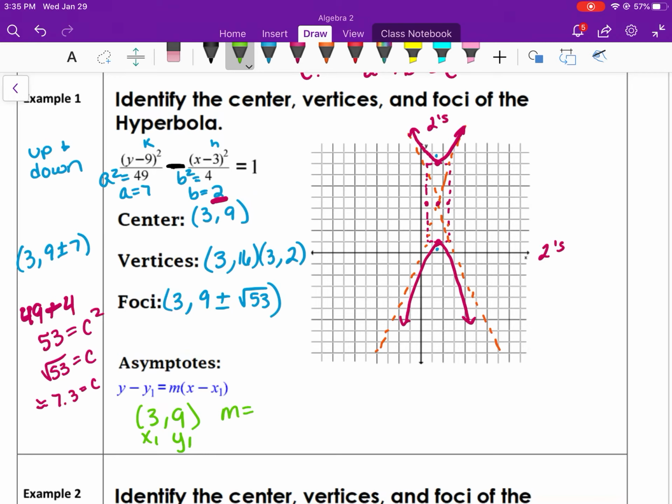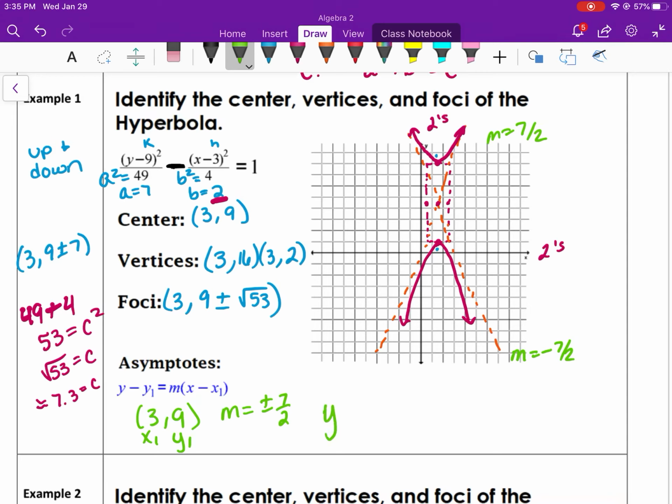And then the slope of each asymptote is rise over run. So it's always the y value over the x value. So it'd be slope of 7 over 2. And this one is a slope of negative 7 over 2. So slopes are both positive and negative 7 over 2.